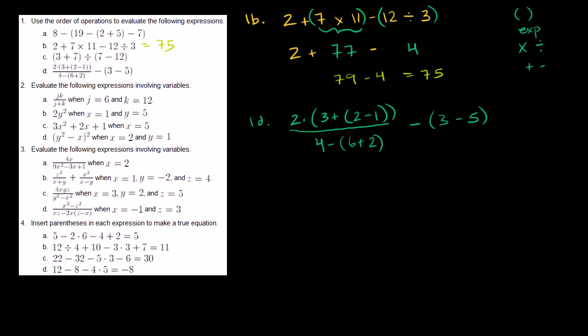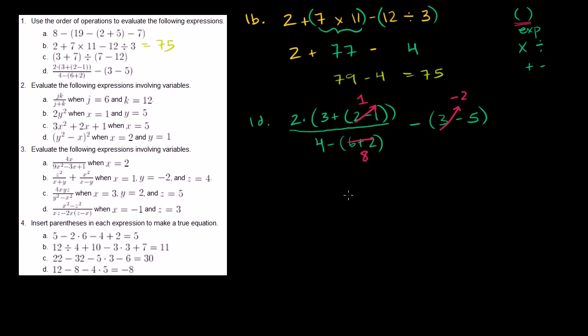Let's see if we can simplify this a little bit. As we said, parentheses take our priority. So let's do the parentheses first. 2 minus 1 is just 1. 3 minus 5, that is negative 2. 6 plus 2 is 8.